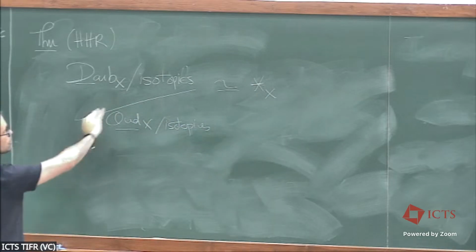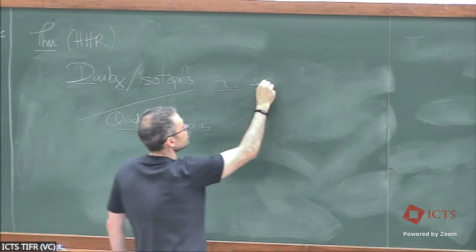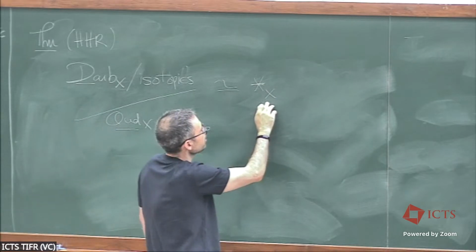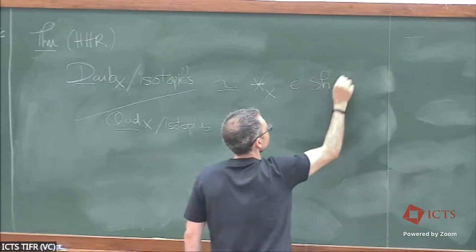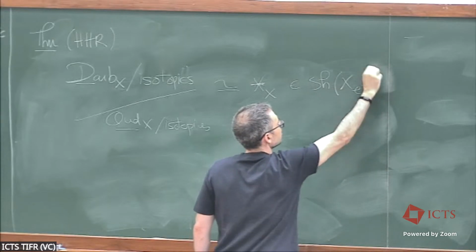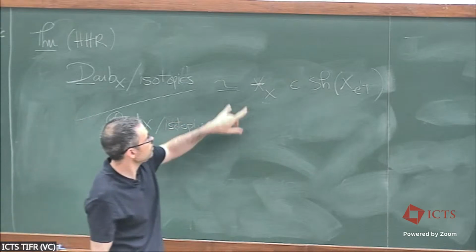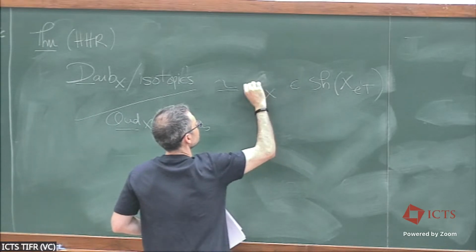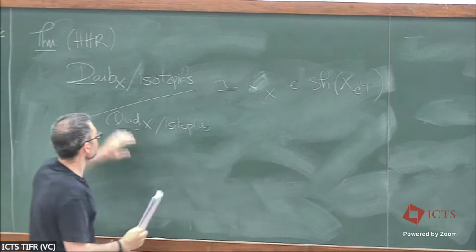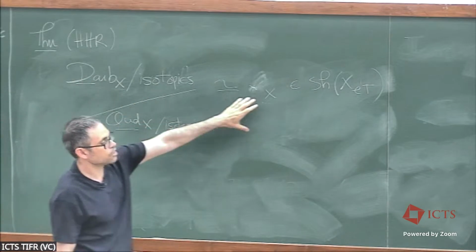Contractible means this quotient is the constant sheaf, valued in sheaves here. So that's what contractible means. It's an isomorphism of sheaves between this quotient sheaf and the constant sheaf.